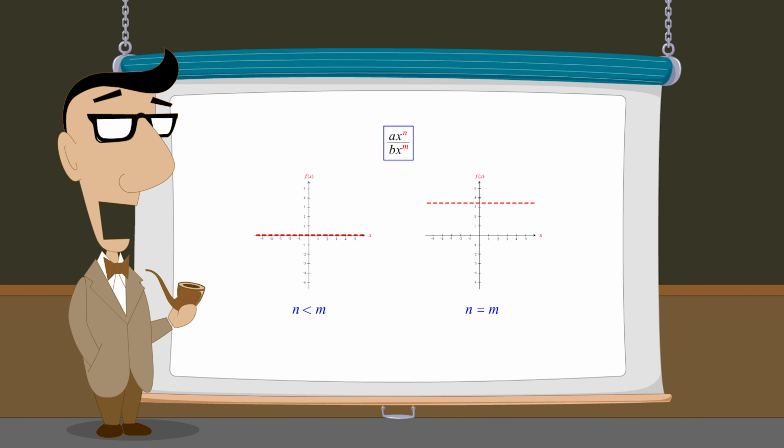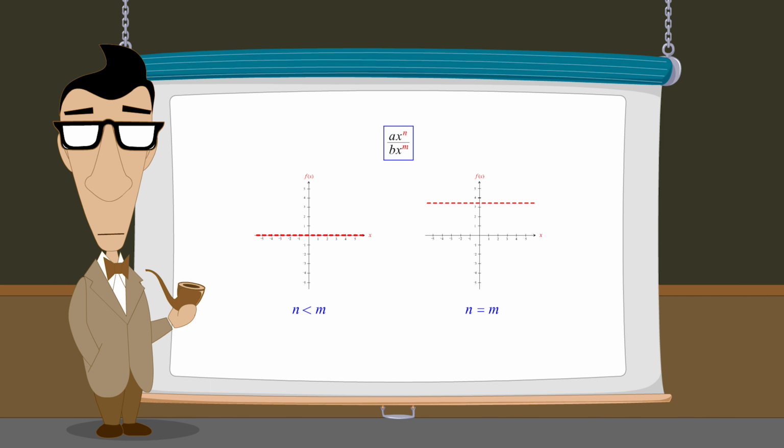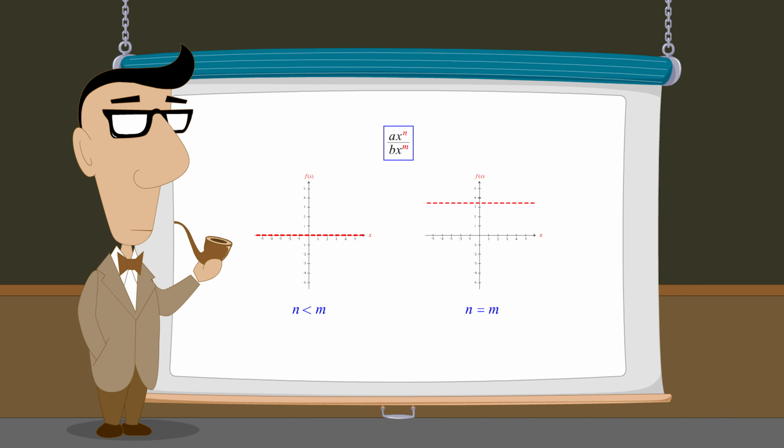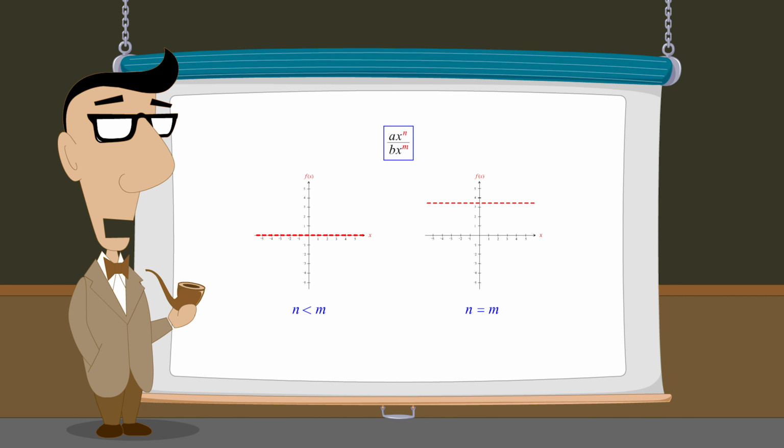So whenever we see a rational function whose largest numerator exponent is less than or equal to the largest denominator exponent, we know that that function will have a horizontal asymptote.